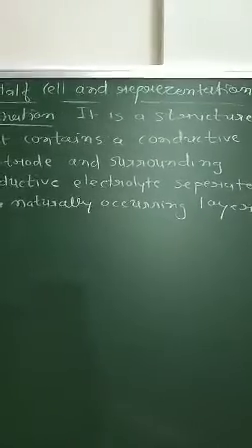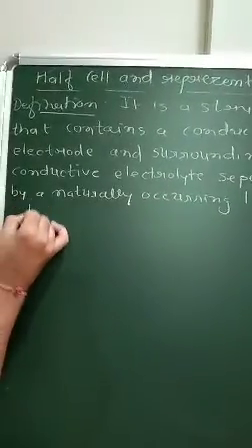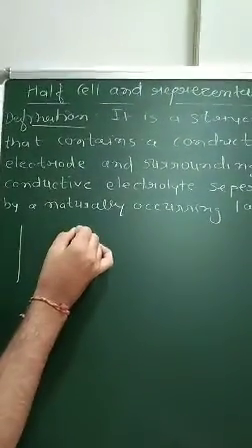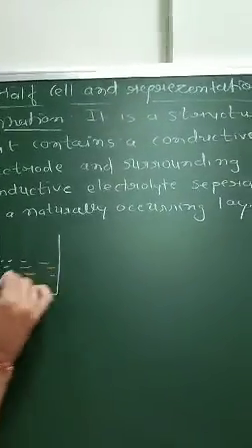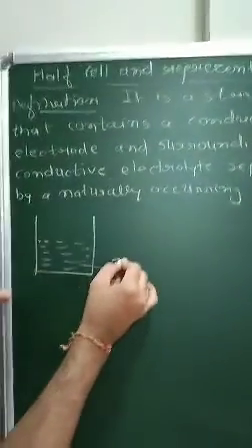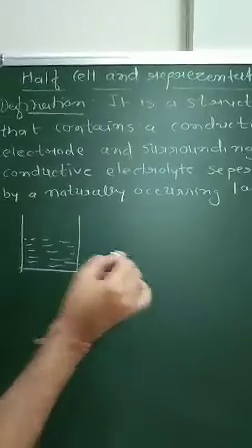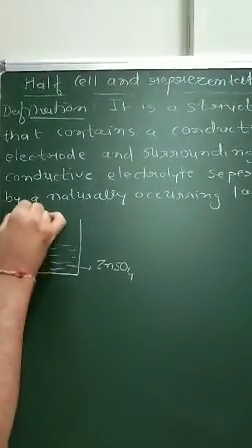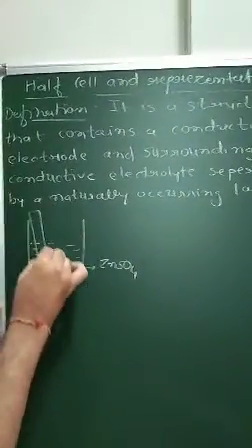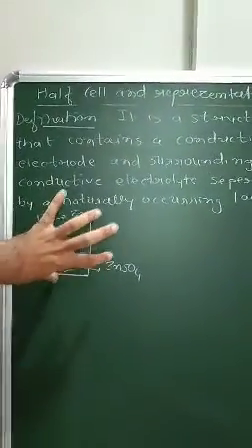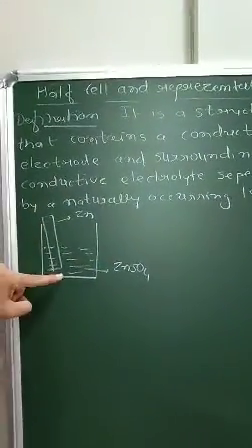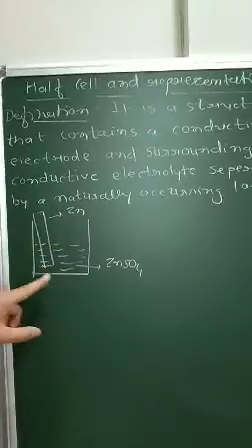First of all, what is the definition of half cell? In very simple words, we have an electrolyte solution, ZnSO4, and now I will add a zinc strip in it. So this is a half cell: electrolyte, strip and a beaker.